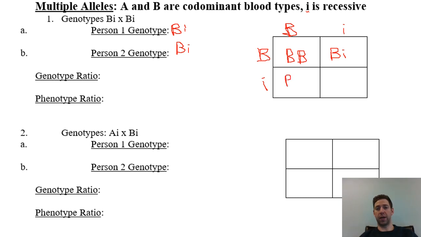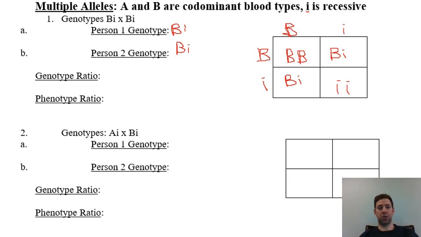But realize that even though all 3 of these that I just drew are blood type B, only one of them is homozygous dominant. The other 2 are heterozygous. So you need to realize that these 3 all have the same phenotype, but they have different genotypes. Then this last box is going to be genotype II, phenotype type O blood.